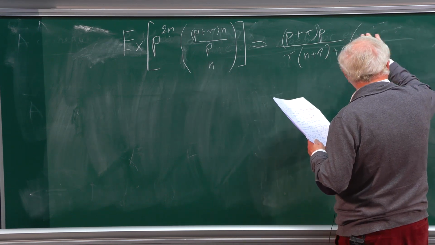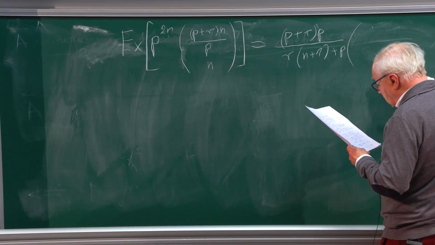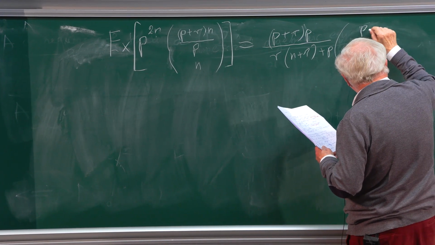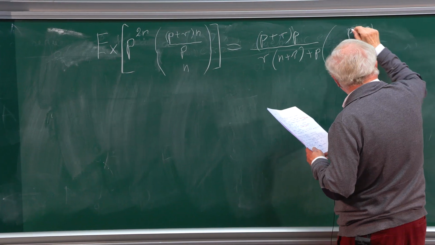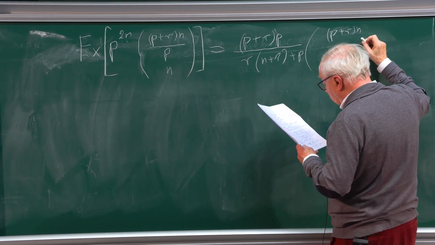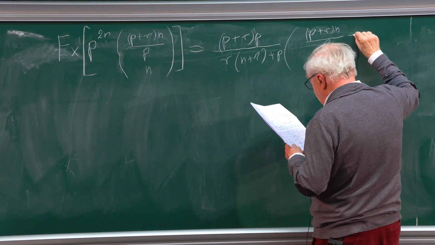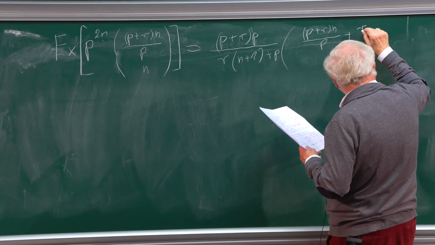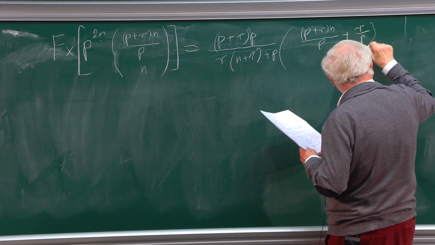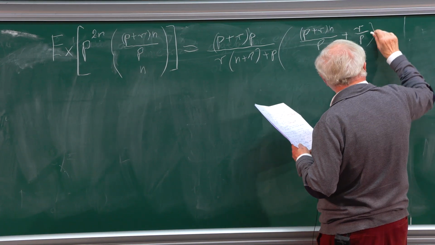And here we have a binomial which is shifted with respect to the initial one, binomial (p plus r)n over pn.